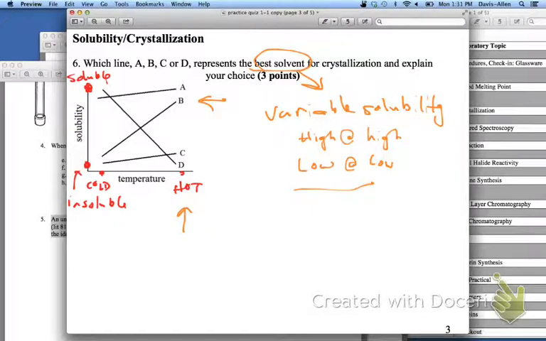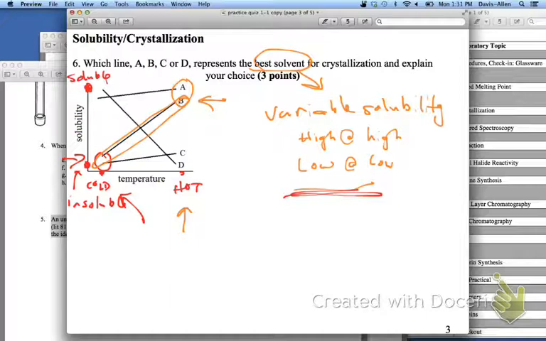So what do I need to do? I need to find where at low temperatures I get low solubility, which means I'm looking at lines B or C. Where's the only place where those two pieces of data intersect? Line B. So the best solvent relationship here is going to be line B.